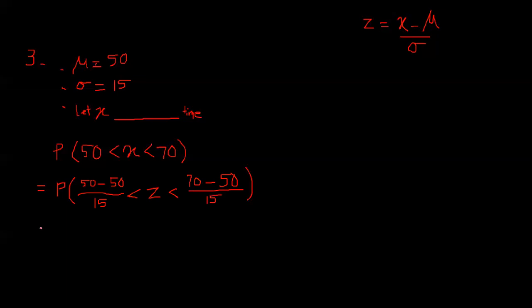When you calculate, you will get P of Z in between 0 and 1.33.